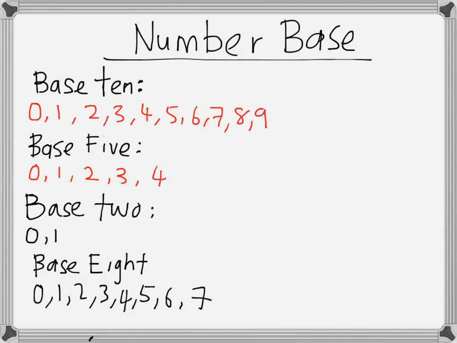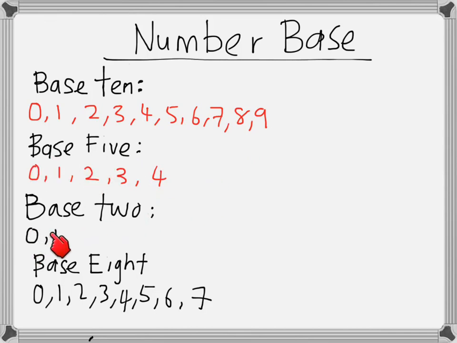So what you can see over here is that in base 10, you cannot see the digit 10. In base 5, you cannot see the digit 5, you can only see until 4.